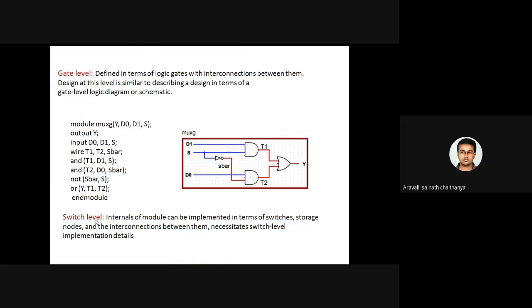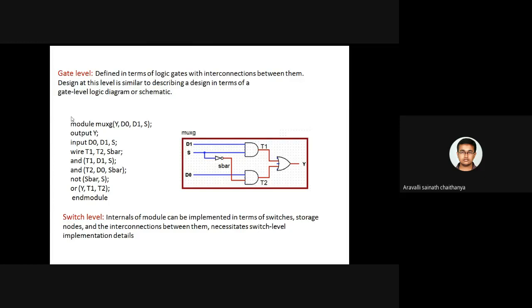Coming to gate level abstraction, everything in my program logic I need to define in terms of logical gates. So here is the circuit diagram for the multiplexer in terms of logical gates.